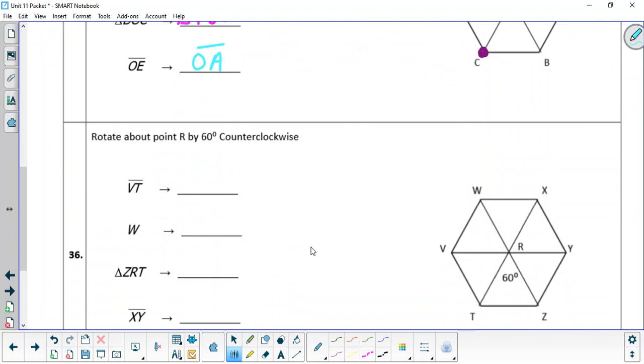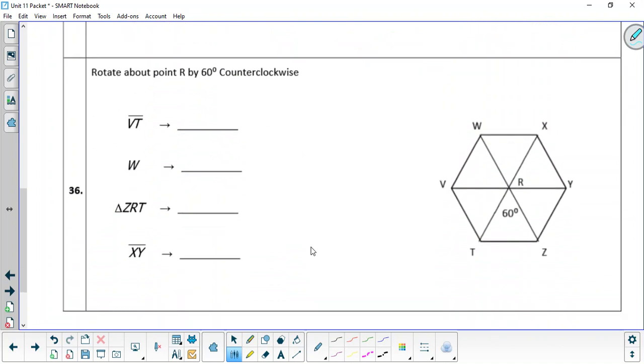And one more example I'll do with you. Here we're going to rotate about point R, and this time we're going 60 degrees, so it's just 1 turn, but we're going counterclockwise. So we're going this direction.